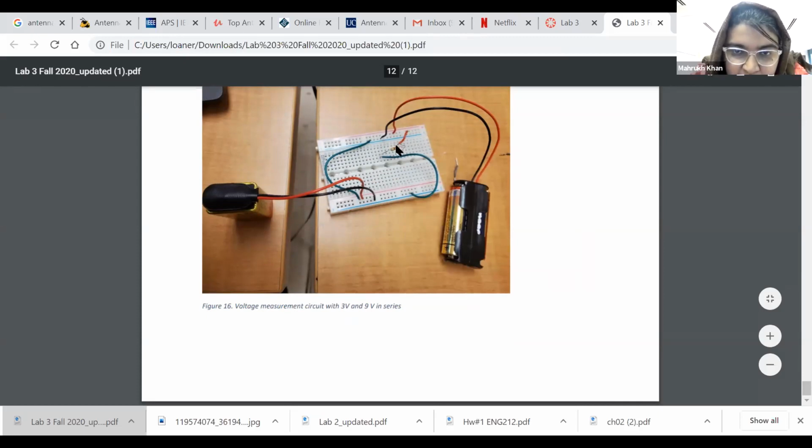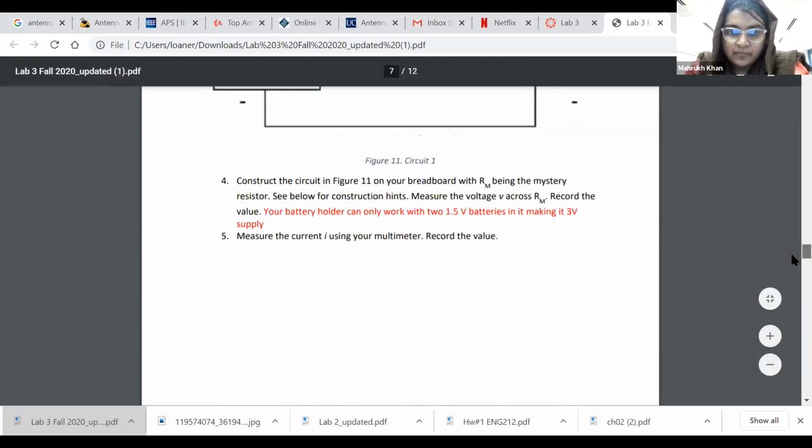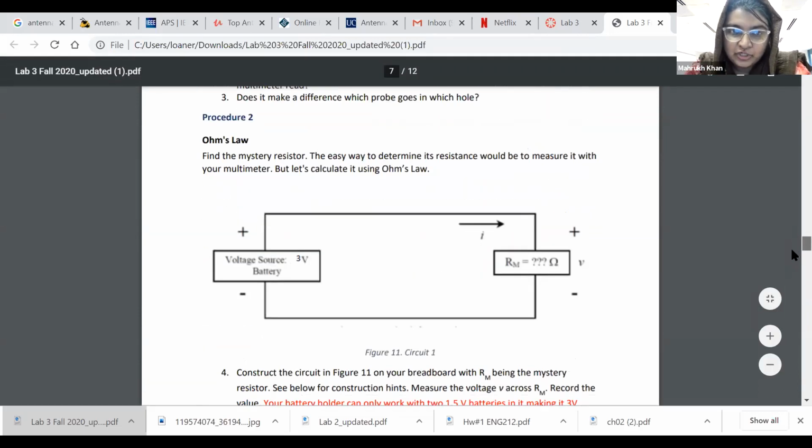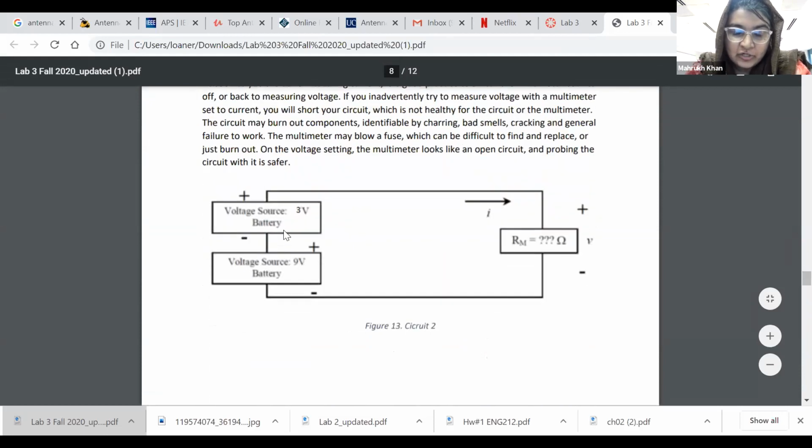This resistor is in the same vertical line, the power line is going here, and then I have connected my battery here. Why I have connected 2 batteries, I'll show you. In procedure 2, I connected 2 batteries in series and try to measure the resistor again.